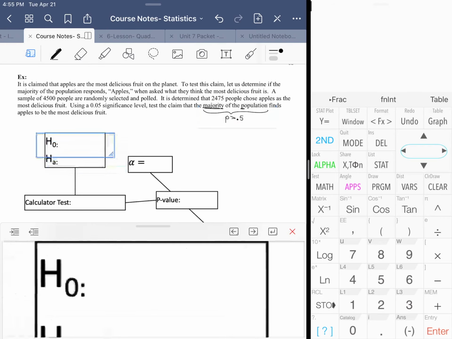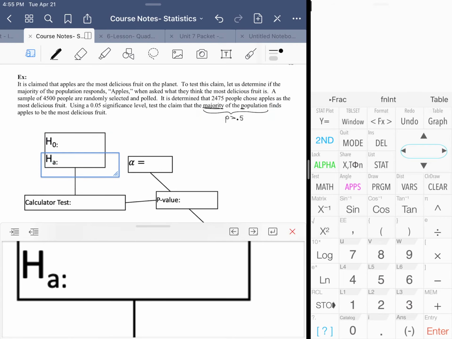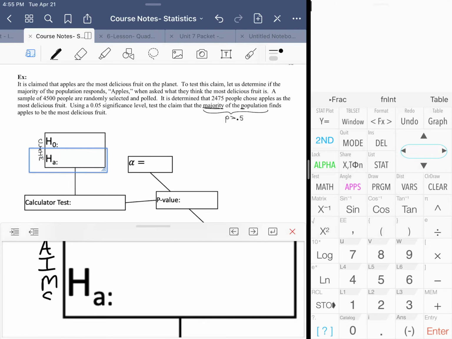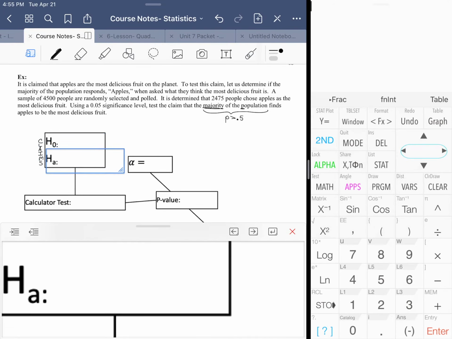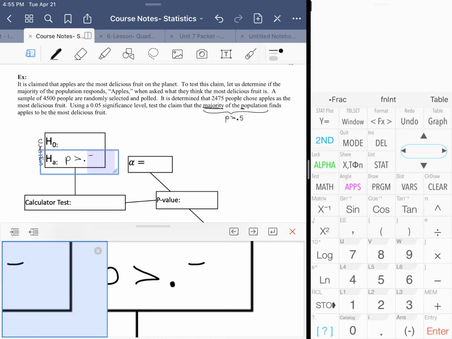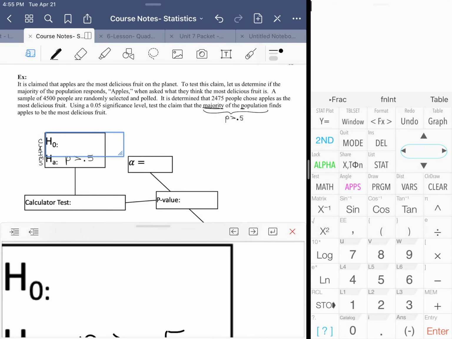So our null hypothesis involves an equal sign. Our alternative hypothesis involves a greater than, less than, or not equal symbol. We just discovered that we're asked to test a claim. The null and alternative hypotheses will be the claims. We just found the alternative hypothesis, so p greater than 0.5.